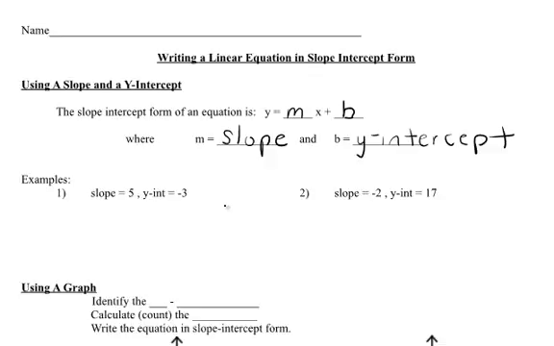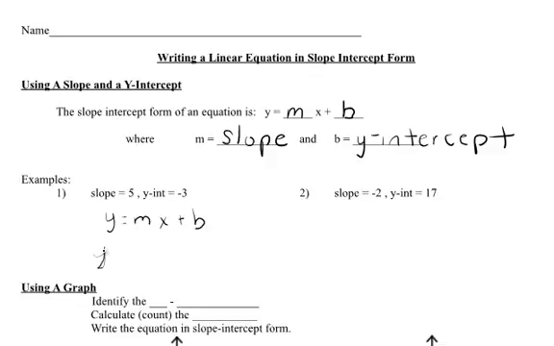Okay? So, we know that it's in this form, y equals mx plus b. We know that m is the slope, we know that b is the y-intercept. So if we're given the slope and the y-intercept, all we have to do is plug them in for m and b.